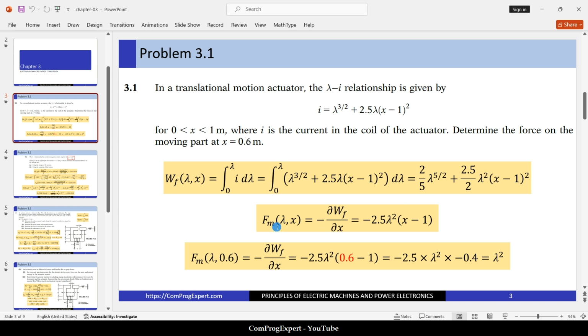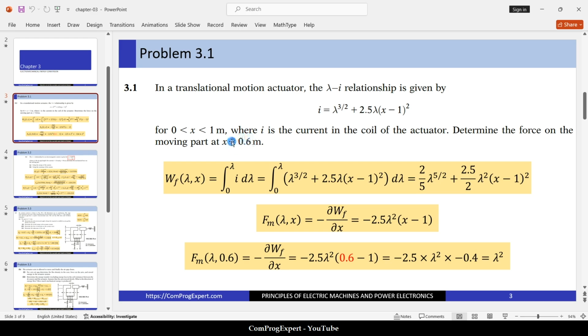What is the value of the force? We should take the partial derivative of the energy with respect to x, with a negative sign. So if we take the partial derivative of the energy with respect to x, we will have this. Finally, you can replace x and calculate the force when x is equal to 0.6.